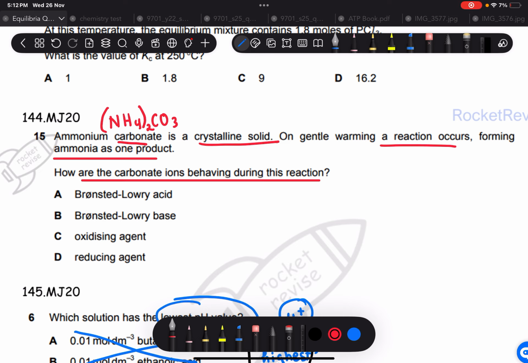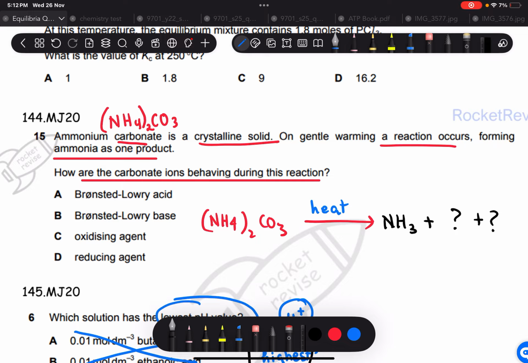Okay, look over here. What's happening is that you have your ammonium carbonate and you're heating it. So you are providing heat to it and you form ammonia as one of the products, and the other products are not listed.